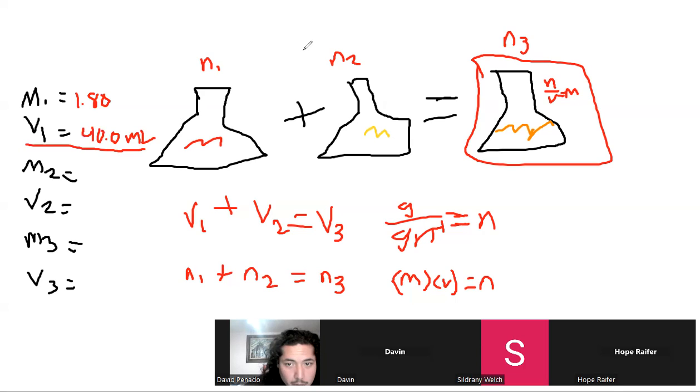The next bottle, molarity is 0.808. And then we get 21.5 milliliters. You have to turn it into liters.